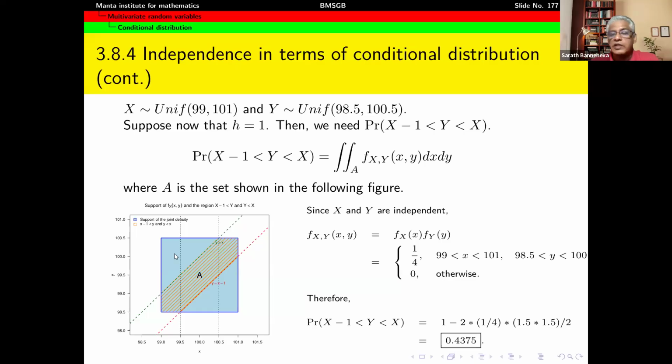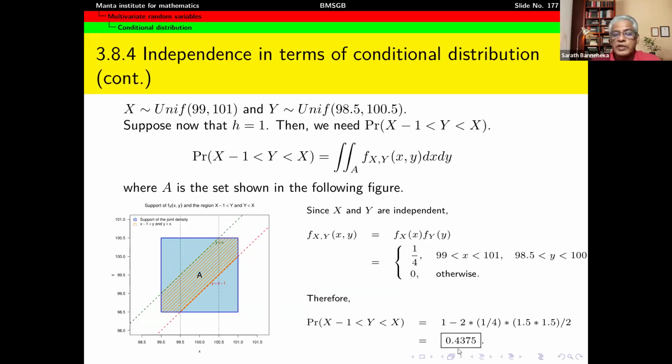So the area of the triangle is equal to this length times this length divided by 2. The length here is equal to 1.5. This side is also 1.5 units. So therefore, the area of the triangle is equal to 1.5 times 1.5 divided by 2.